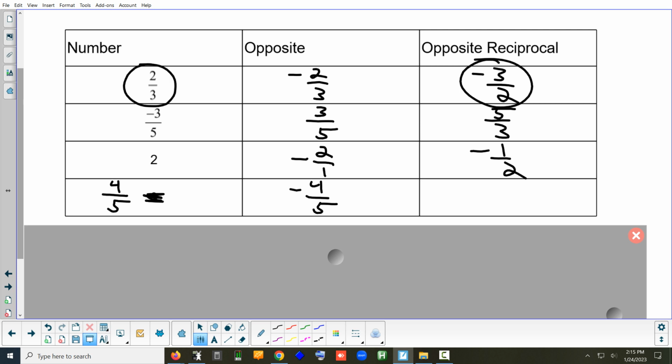And what do you get now when you flip -4/5? Yeah, exactly. So 4/5 and -5/4 are what we call opposite reciprocals, which means perpendicular.